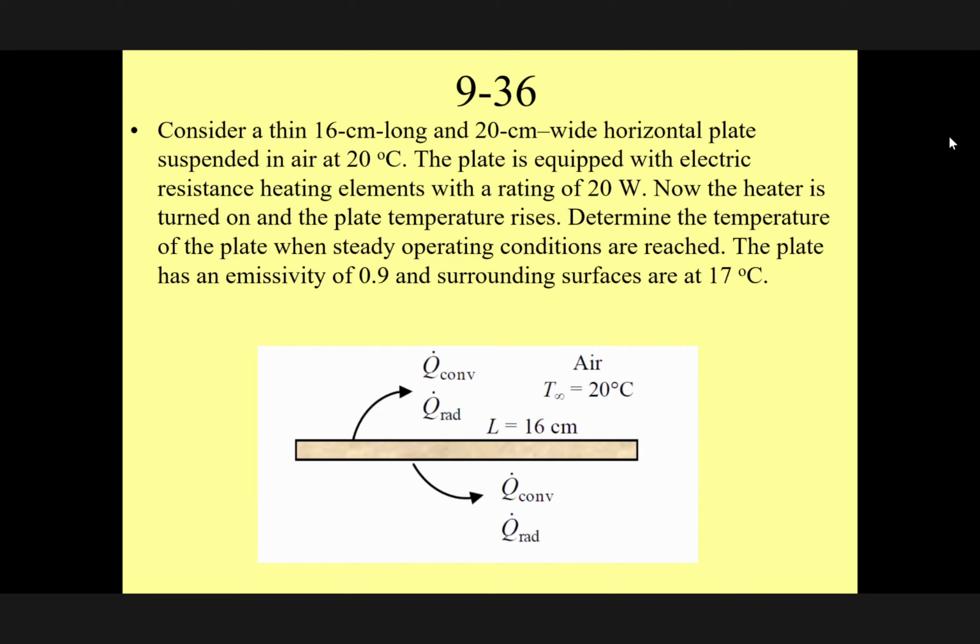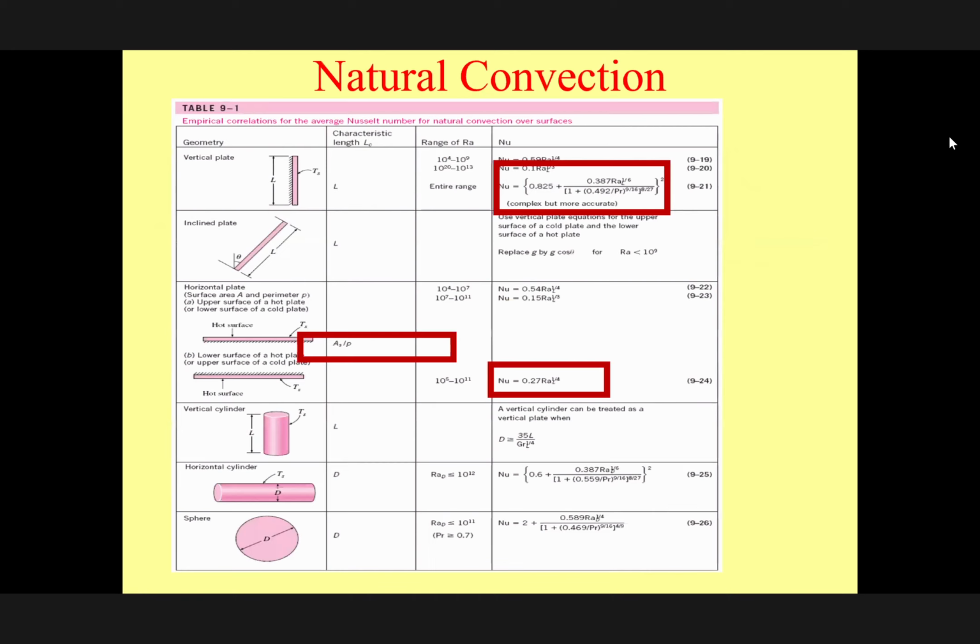Again, something that you should know, because here it did not specify the air velocity. Therefore, you have to assume it's natural convection, and natural convection is for a horizontal plate. Okay, therefore you have to calculate this one. And you remember the equation that you had in table 9.1, okay?